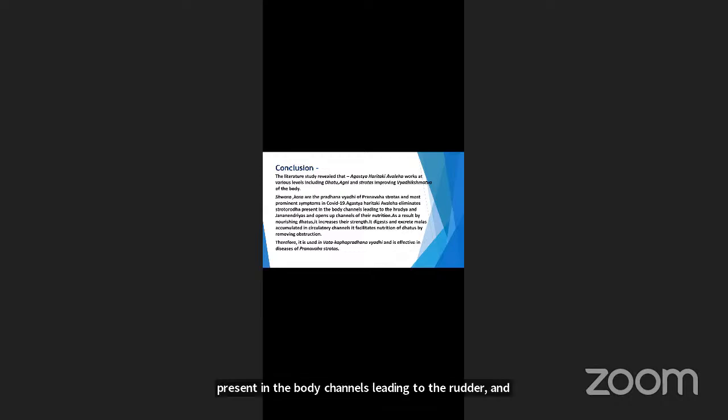As a result, by nourishing dhatus, it increases their strength, it digests and excretes malas accumulated in circulatory channels, it facilitates nutrition of dhatus by removing obstruction, and therefore it is used in Vata Kapha Pradhan Vyadhi and is effective in diseases of Pranava Srotas.